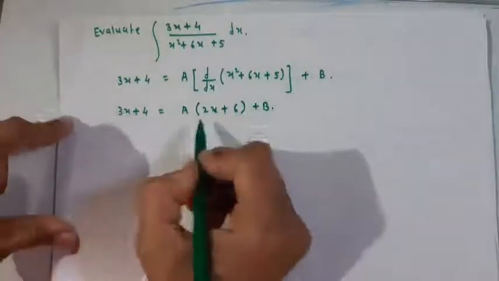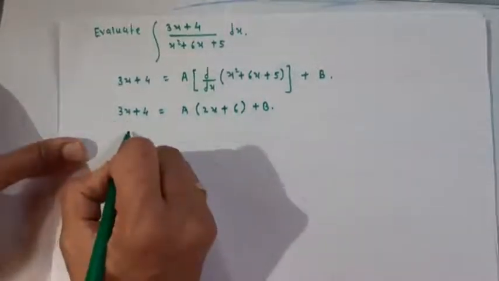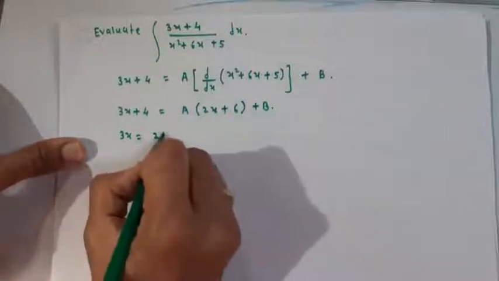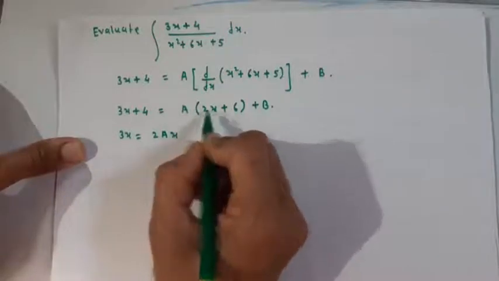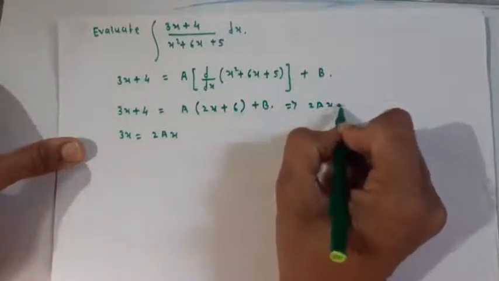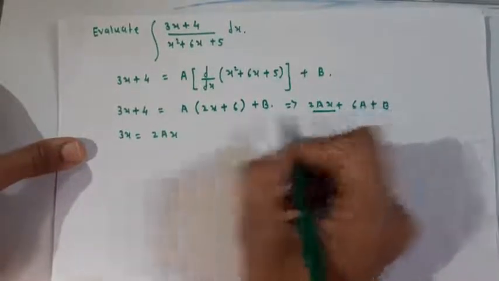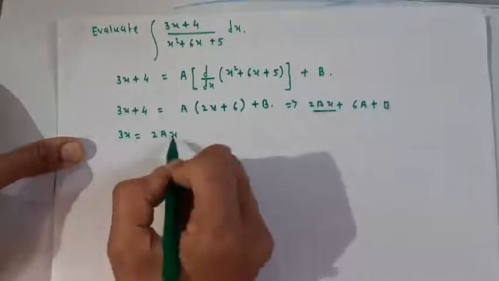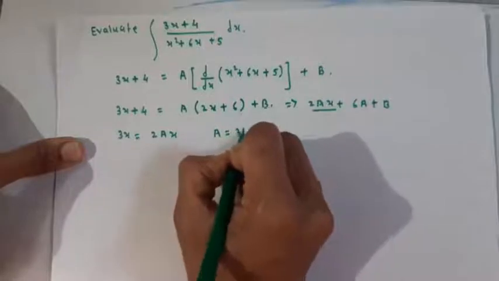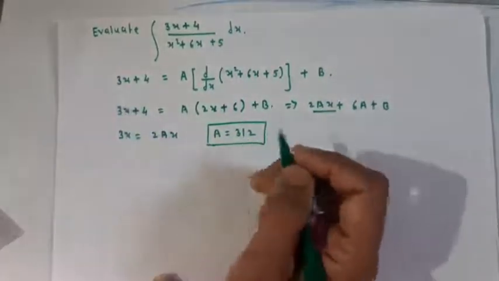Now compare the coefficient of x from both sides. From the LHS it is 3x, and from the right it is 2ax. This is equal to 2ax plus 6a plus b. So comparing like powers of x, 3x equal to 2ax, hence the value of a is 3 by 2.